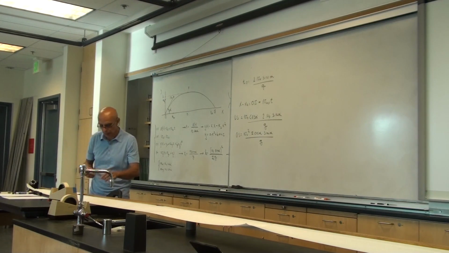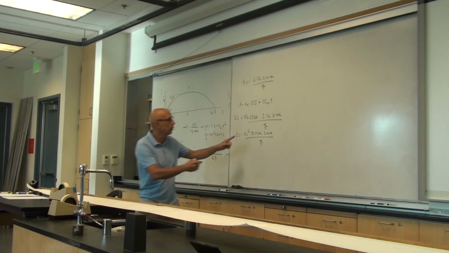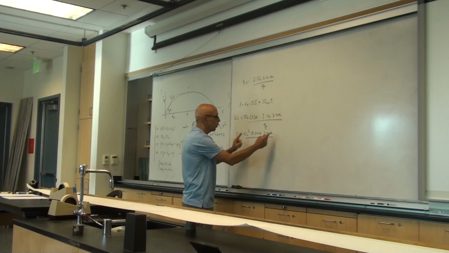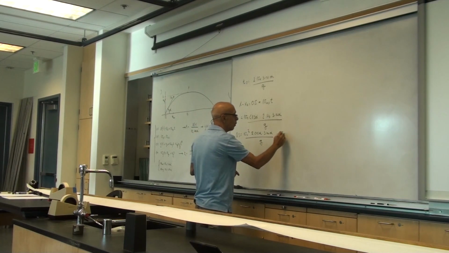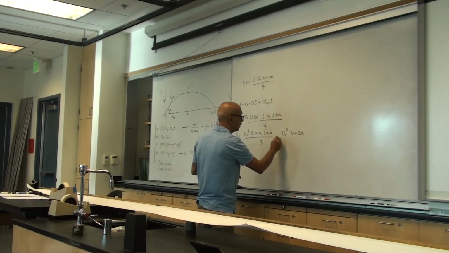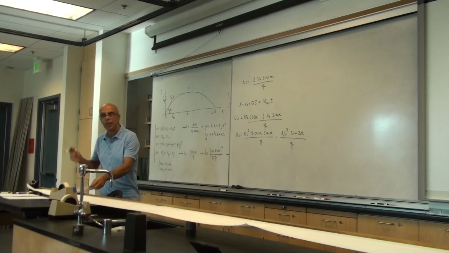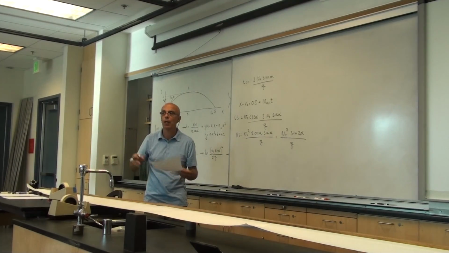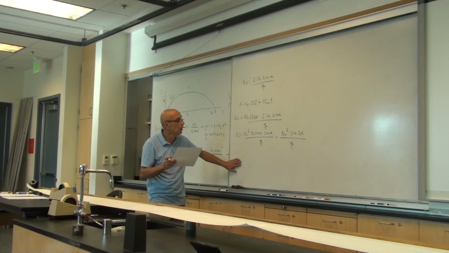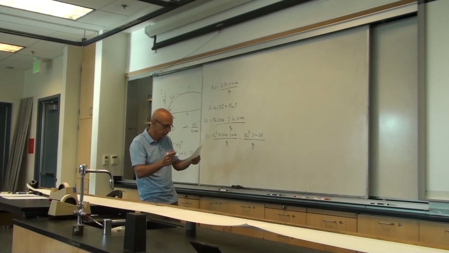Now, from trigonometry, we know that this here is going to be equal to V0 squared sine 2 alpha over g, okay? I put also a file on Canvas on trigonometric functions.